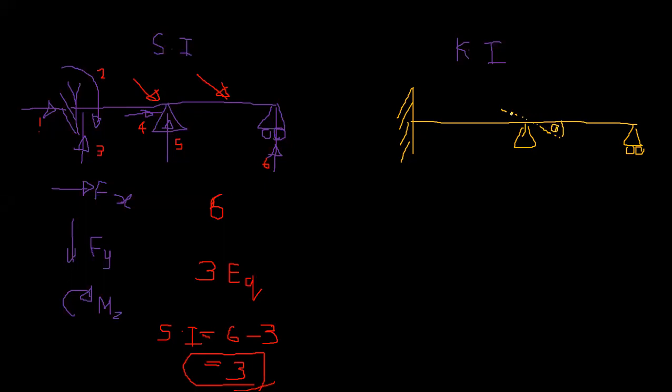So there you have one unknown displacement, theta, because it cannot restrain any rotation. But in the meantime, it can allow these translations, let's say delta.